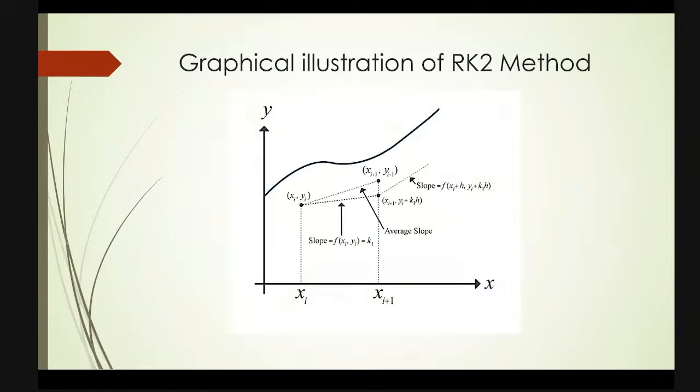So this is a graph which illustrates how the slopes are computed in the RK2 method. This black dotted line represents the slope at the beginning point of the interval, which is k1, and this orange colored dotted line represents the slope computed at the end point of the interval, which is k2. We consider the average of these two slopes in our variant of the RK2 method.